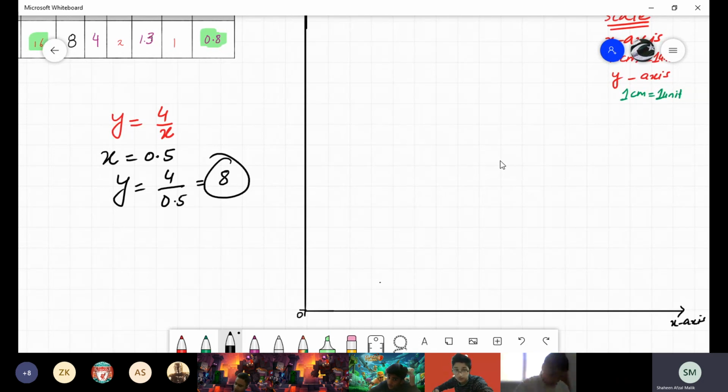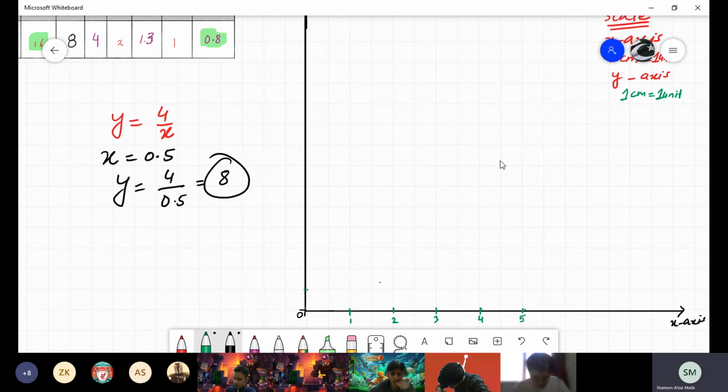Here it is 0. For the x-axis, we have to draw 2 centimeters as 1 unit. So this will be 1, this will be 2, this will be 3, this is your 4, this is your 5.